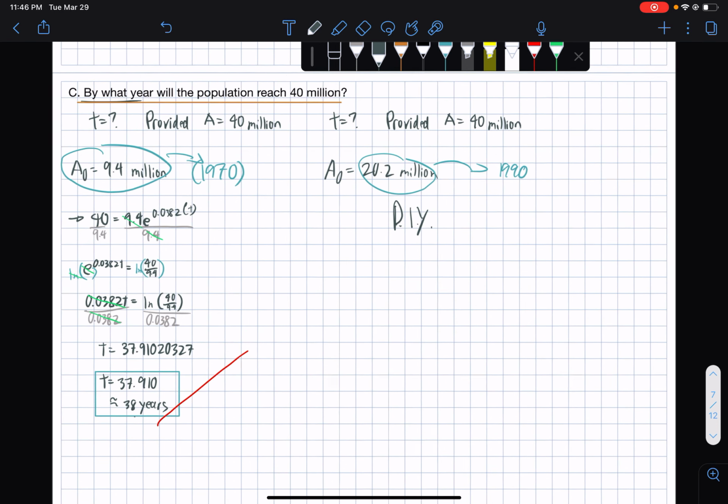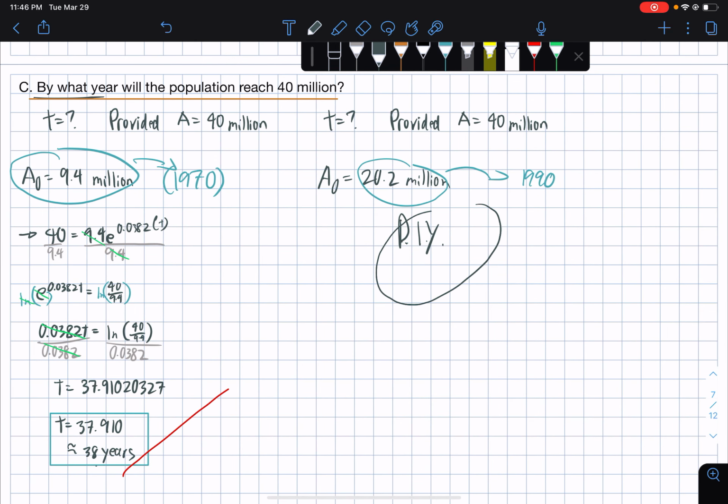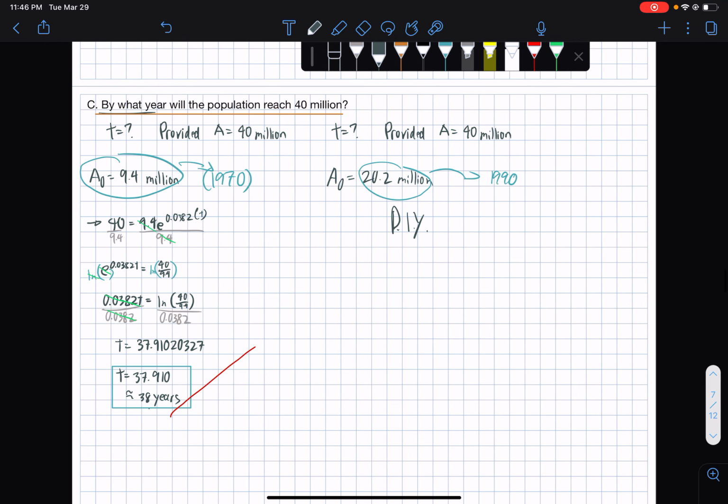As for this part, I'm still not going to answer it. It's up to you. Just follow the same process and you'll be fine. The answer would basically be t is equal to 17.979, or approximately 18 years, provided that we have this given.